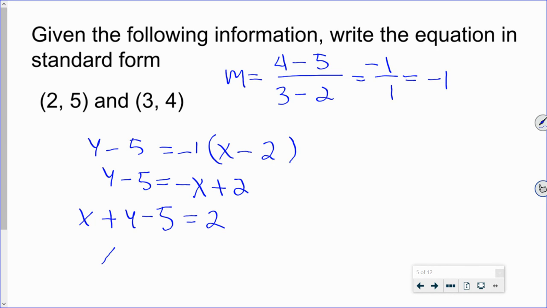Add 5 to both sides. x plus y equals 7. Is that the standard form? Yes or no? Yes, it is. No leading negative. Got x plus y, then equals a number. So yeah, I'm right on top of it there.